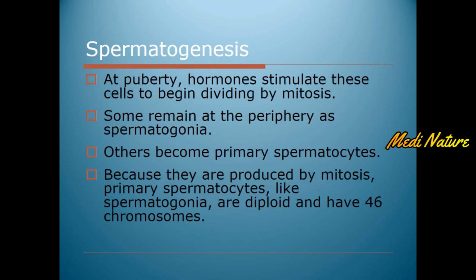At puberty, hormones stimulate these cells to begin dividing by mitosis. Some remain at the periphery as spermatogonia. Others become primary spermatocytes. Because they are produced by mitosis, primary spermatocytes, like spermatogonia, are diploid and have 46 chromosomes.